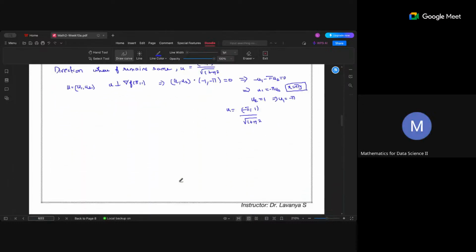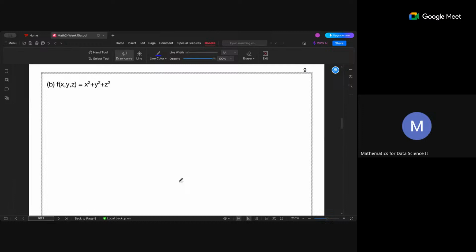Okay, so let us do a similar problem for a function of 3 variables. It is going to be very similar. What is the first step? Differentiate with respect to the respective variables. So what is that? 2x, 2y, 2z. Now I did not write the point.